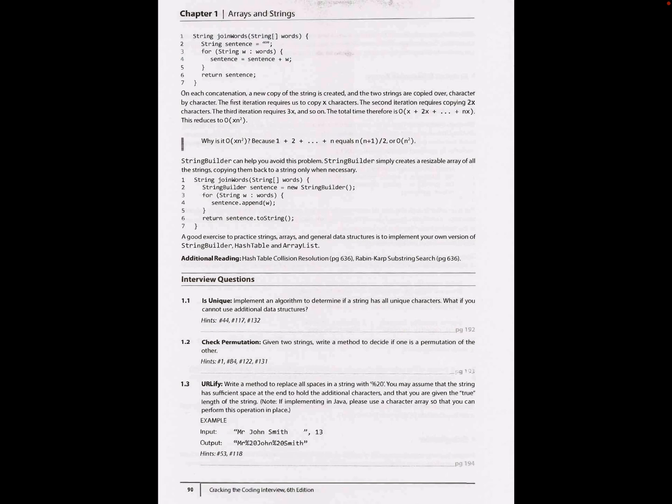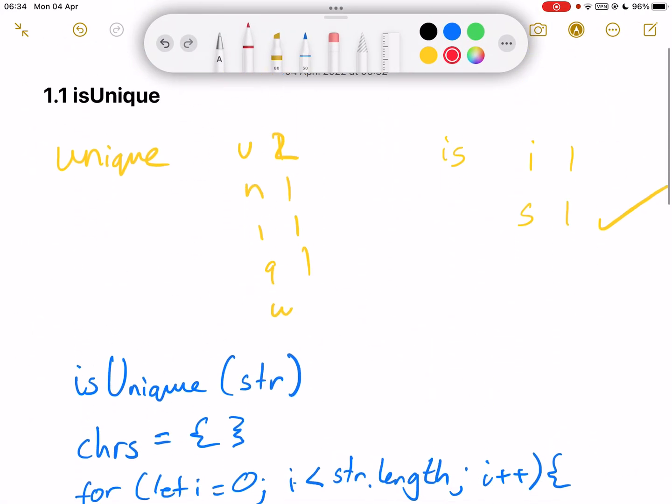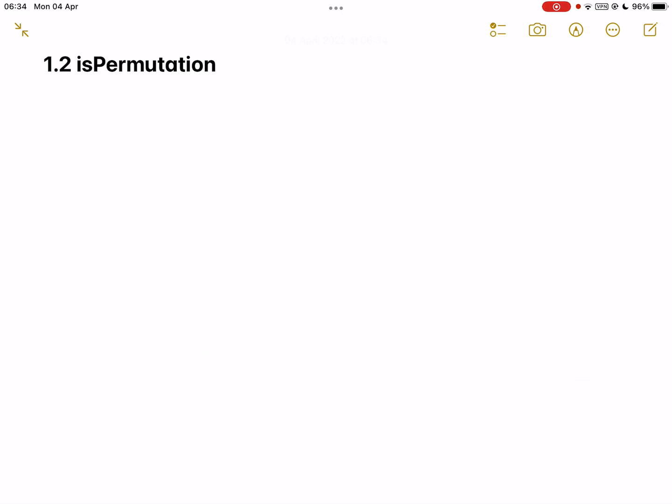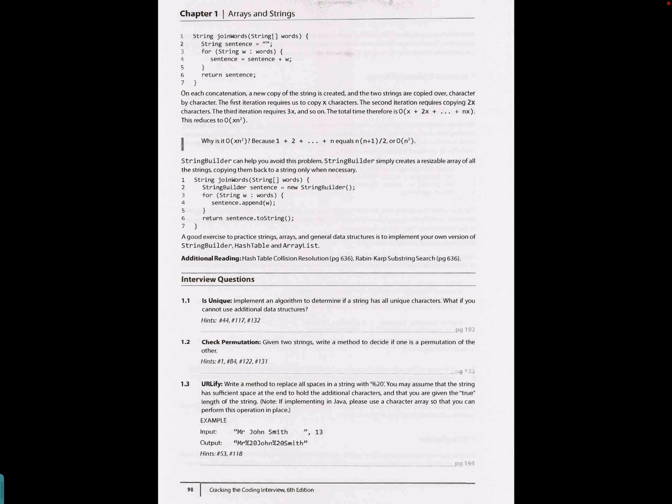Now 2, checkPermutation. So, firstly, given two strings, write a method to check if one is a permutation of the other.